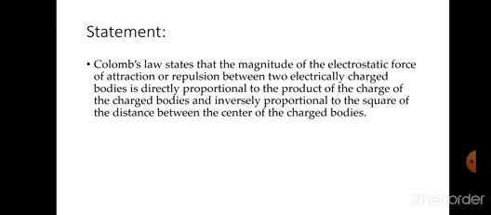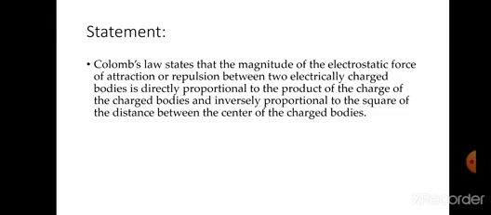So this Coulomb's law states that the magnitude of the electrostatic force of attraction or repulsion between two electrically charged bodies is directly proportional to the product of the charges of the charged bodies and inversely proportional to the square of the distance between the centers of the charged bodies.